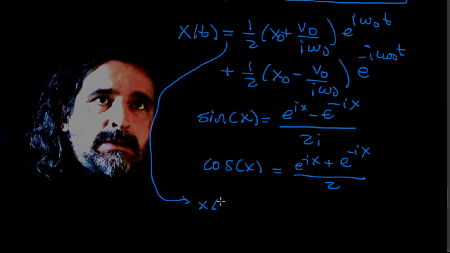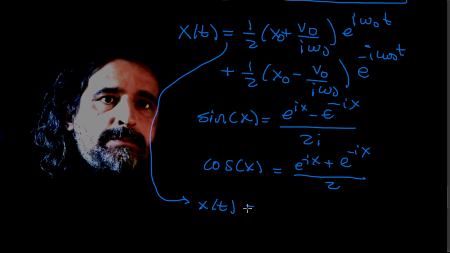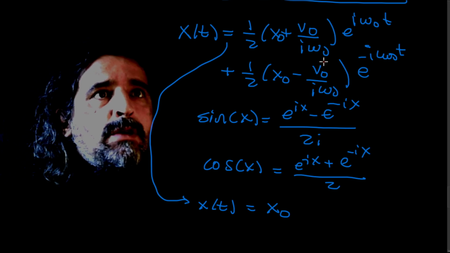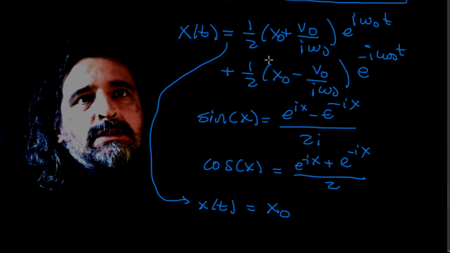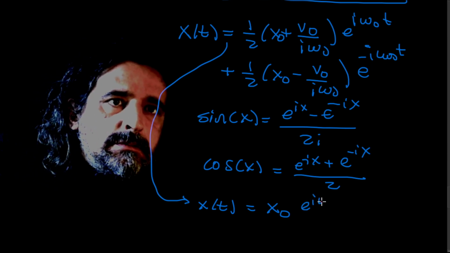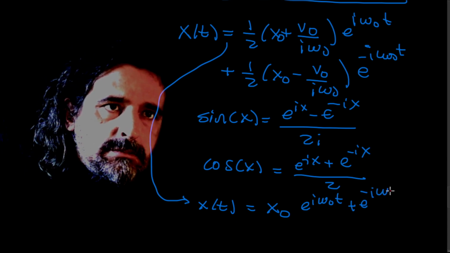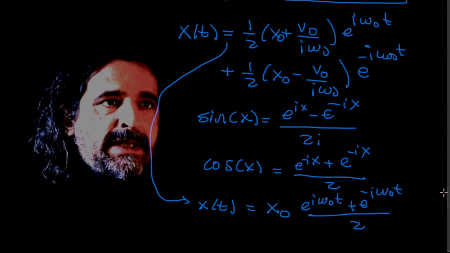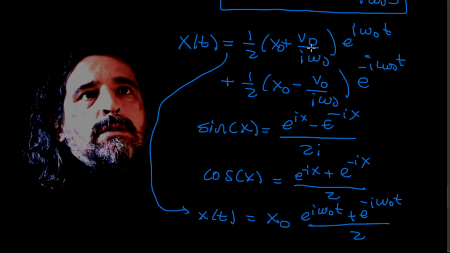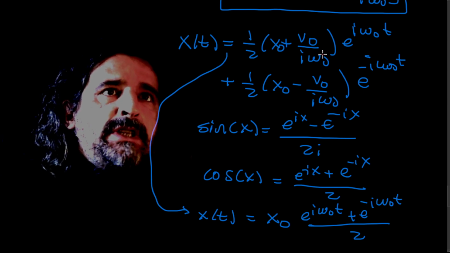So x of t: x naught common factor, and then we have e to the i omega naught t plus e to the minus i omega naught t divided by 2. The next one is to take a common factor v naught over omega naught.